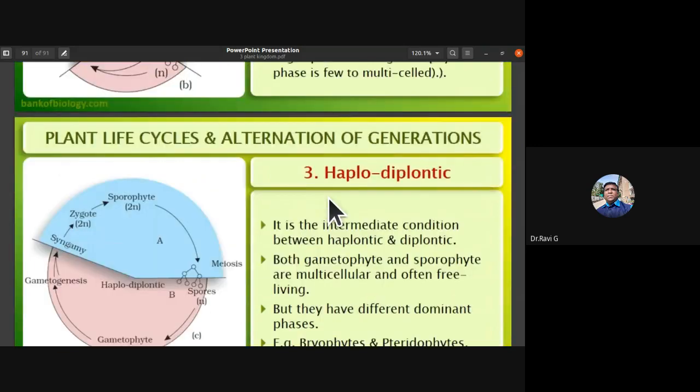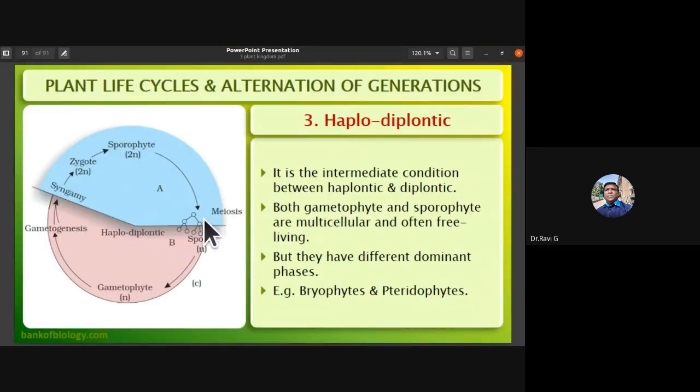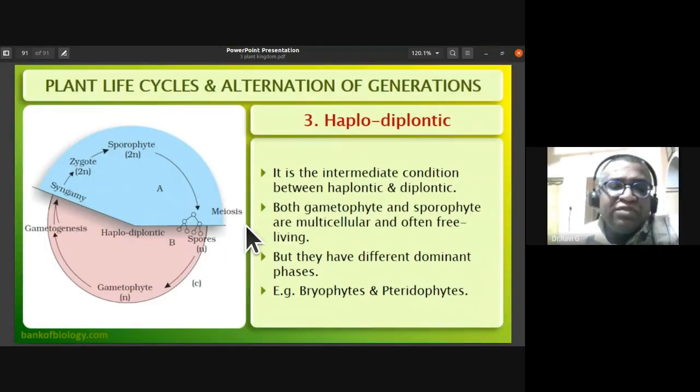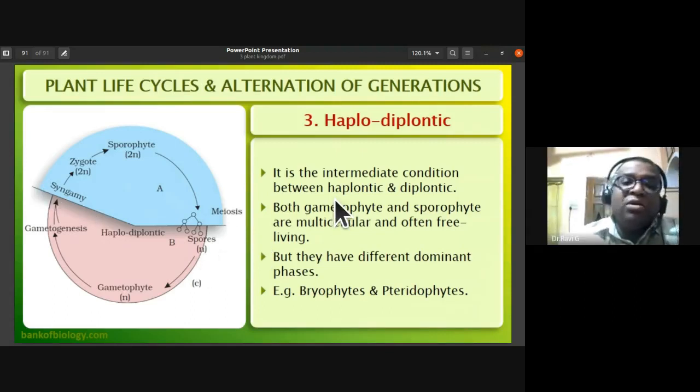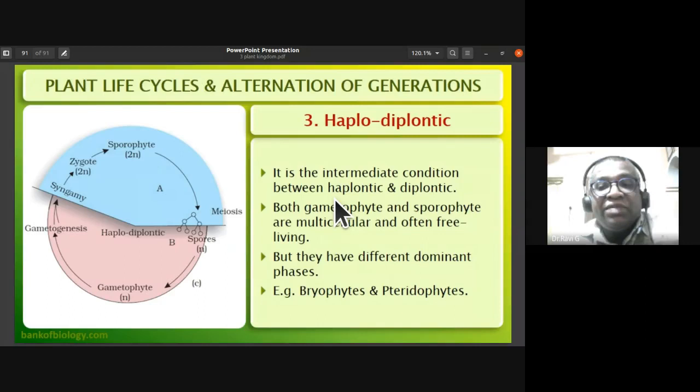Then the third type of life cycle is haplodiplontic. Here they have almost equal stages. You can notice this haplodiplontic life cycle in bryophytes and pteridophytes. So it is the intermediate condition between the haplontic and diplontic life cycles.